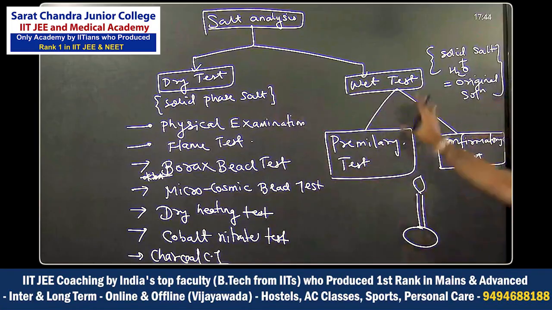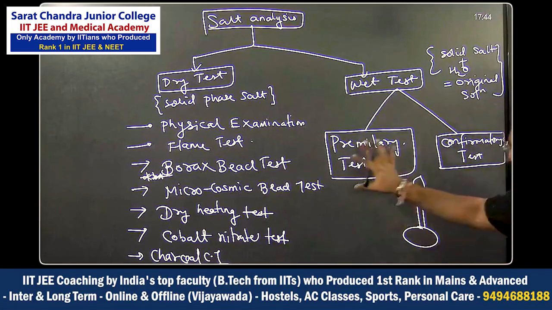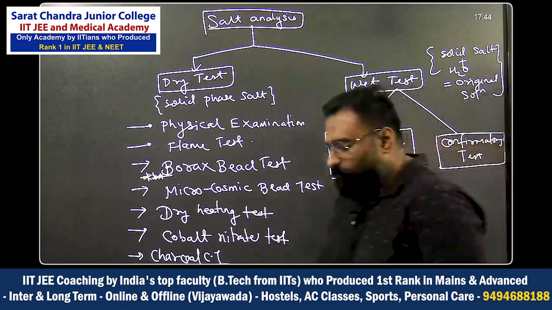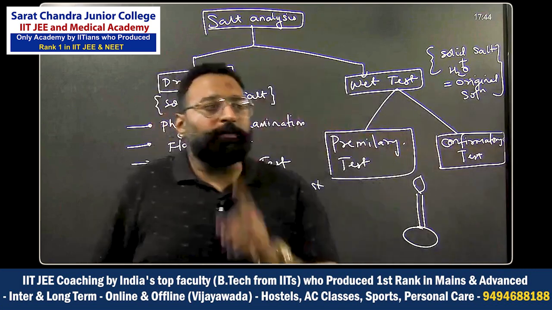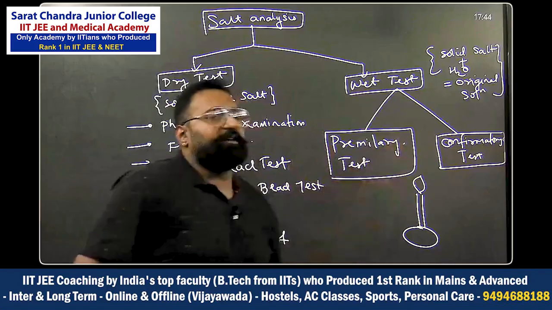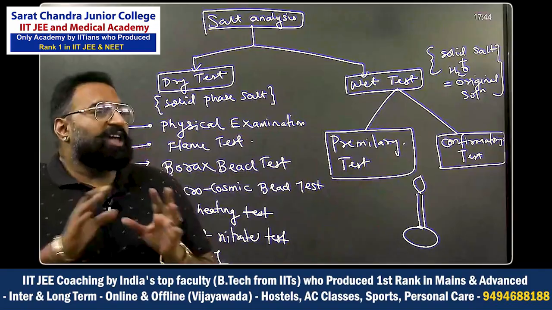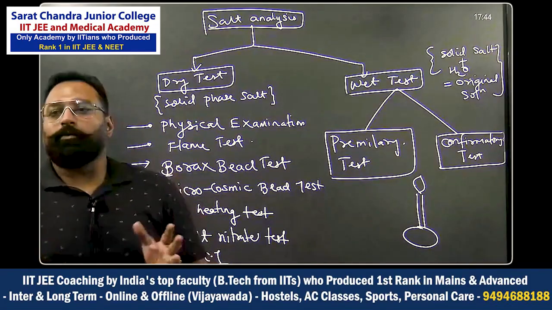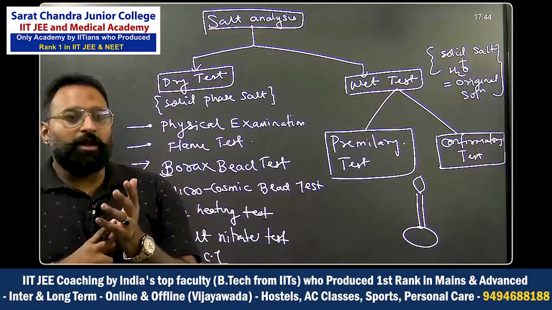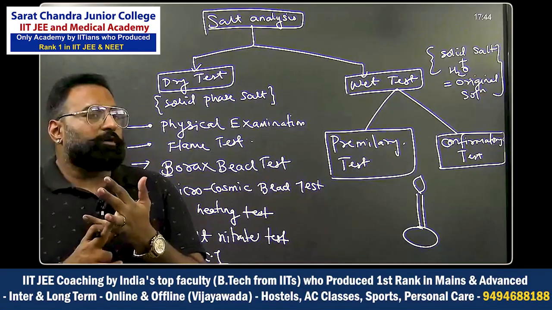When we talk about wet test, preliminary and confirmatory. Now, both preliminary and confirmatory tests are done for cations and anions, and they are classified into different groups: group 1, group 2, group 3, group 5, group 4, group 0.